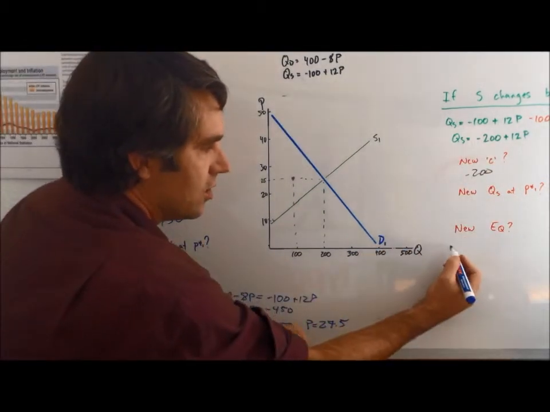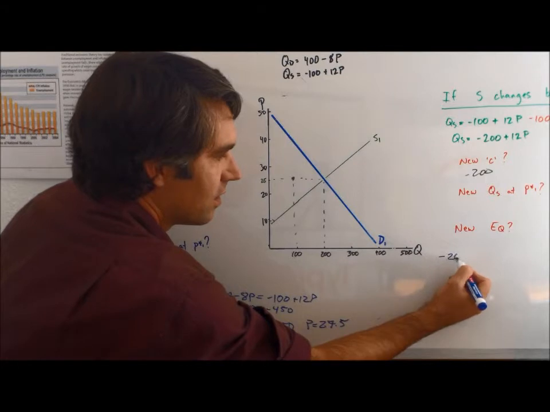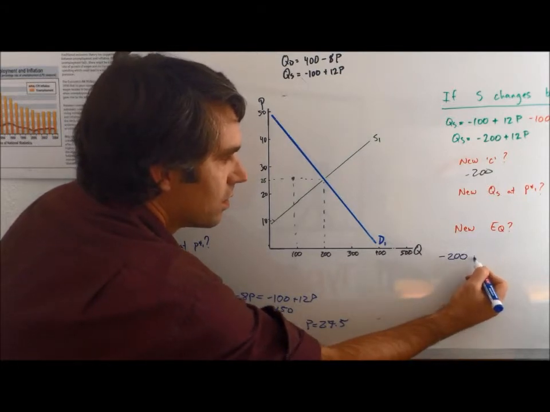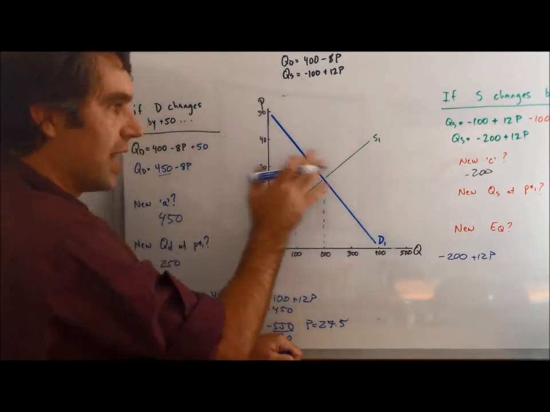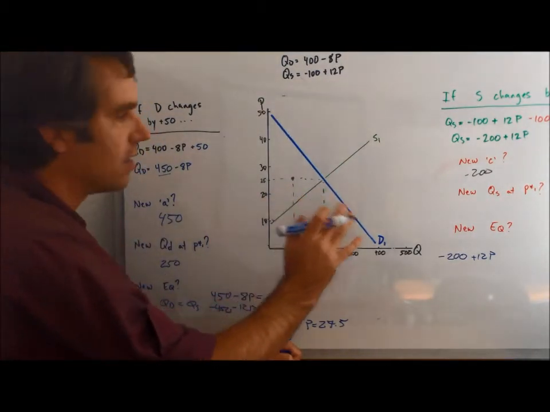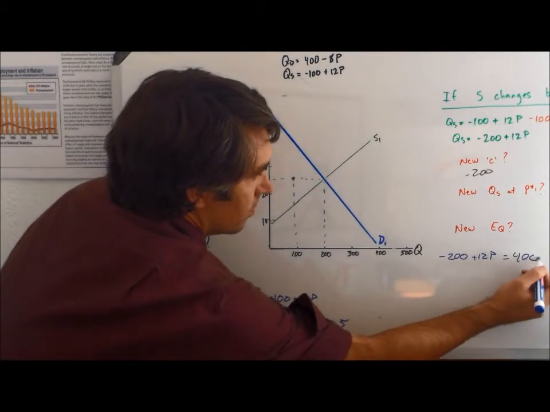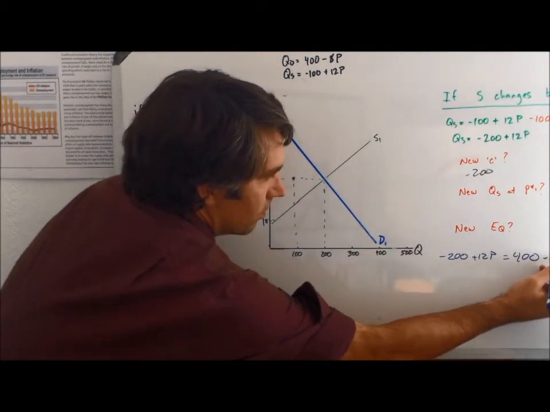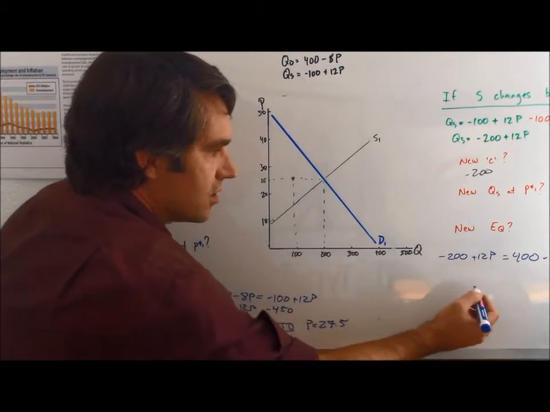So we take again the new supply curve, and we let it equal the old demand curve because in this example we haven't moved demand. Get all these terms on one side.